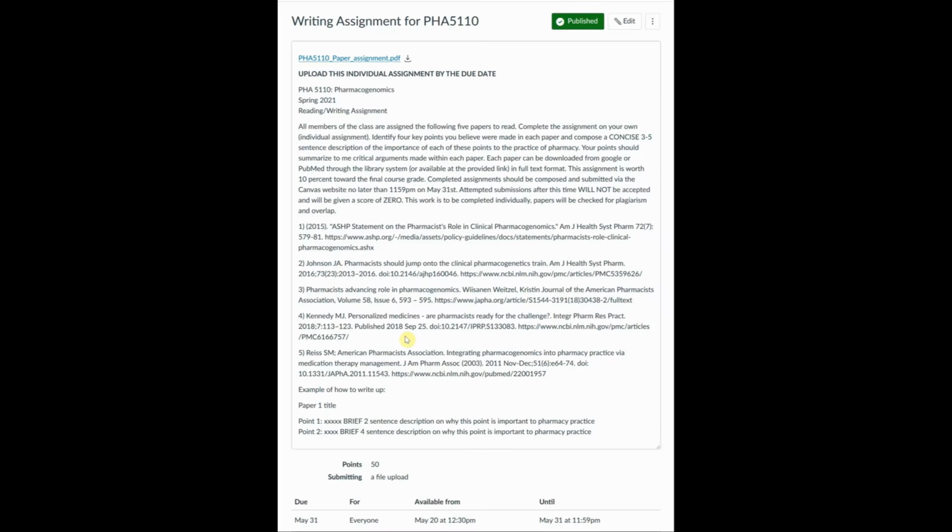So I think it's a really important topic that we all need to learn and at least be cognizant of, so that when you go into practice out in the future, even if it's 20 years from now, you will probably encounter pharmacogenetics, and I think it will become a common tool that pharmacists are expected to know.